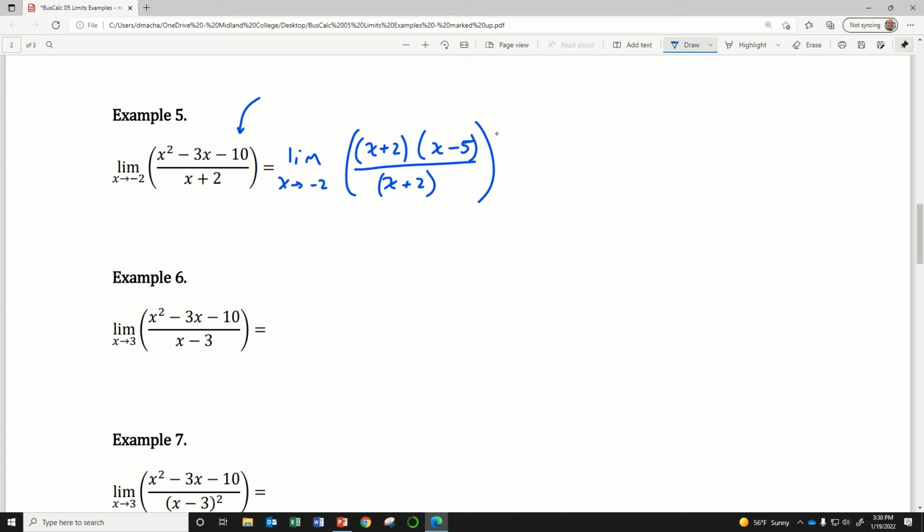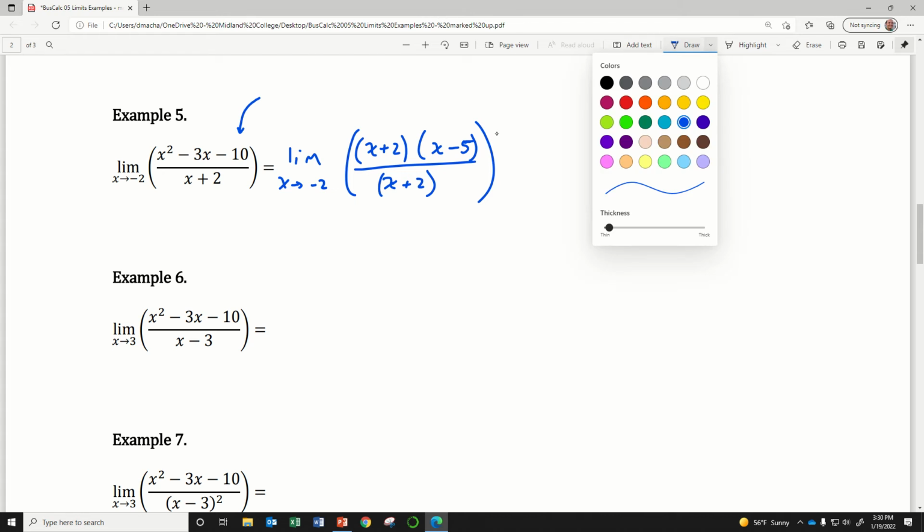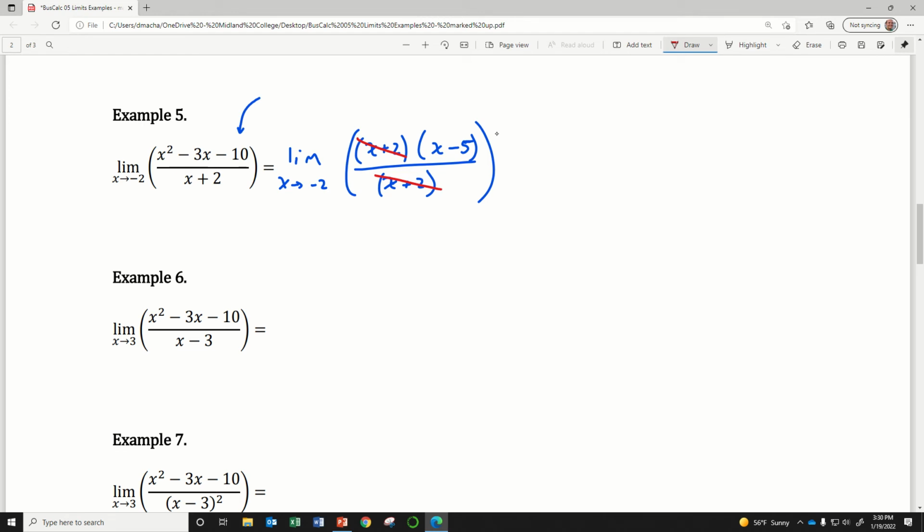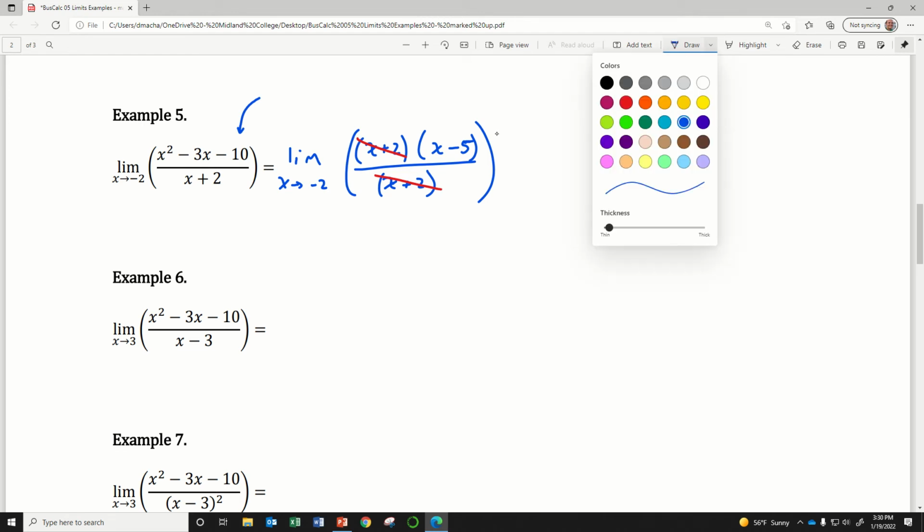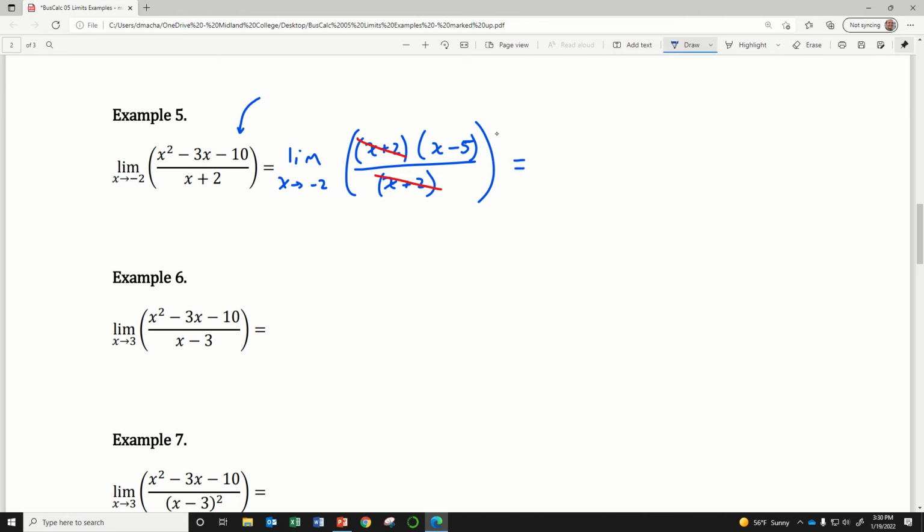And really the trick here is that when x equals -2, this function is undefined, right? This rational function doesn't take on any value there because the denominator would be -2 plus 2, and that's 0. But if we use a little bit of algebra, we realize that we can make a cancellation of those two factors.